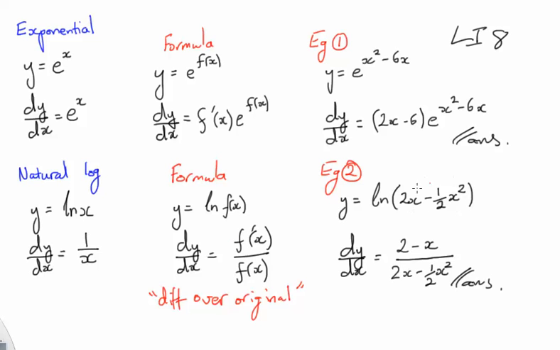So here I take the derivative of that and divide it by the original. You do need to know this formula. This is how I remember it. Diff over original. So I'm going to throw these in whenever I use them, just to let you know, because I find them useful and perhaps you will too. So that's the natural log function.